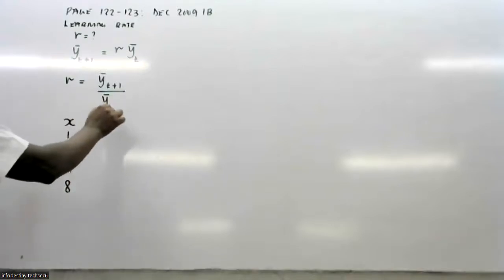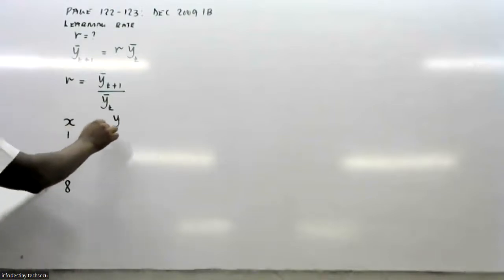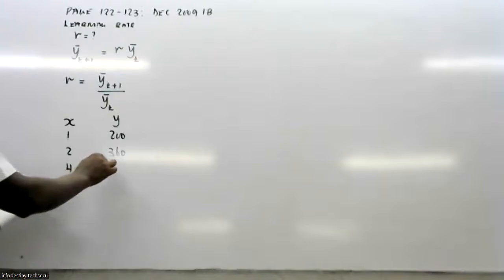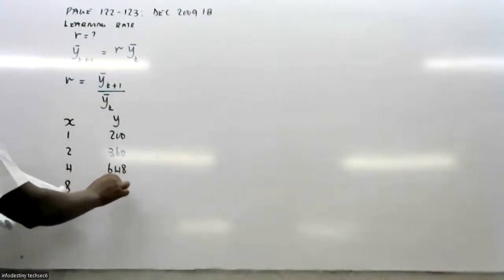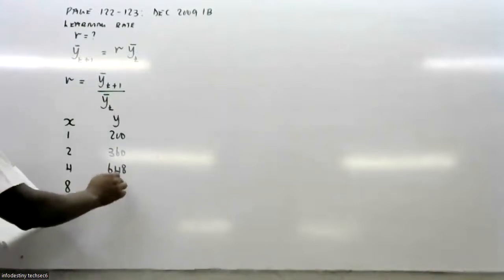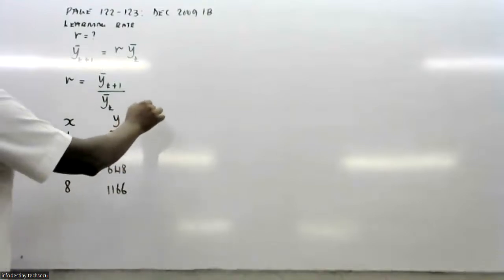Then we have the total time, Y. So Y, we are given 200, 360, 648, and 1166. So that tells you that if you want y bar, it will be given as y divided by x.